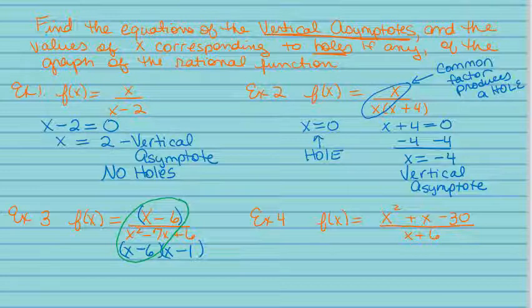This is going to produce a hole. It's going to produce a hole when x equals 6. The other factor, which is the x minus 1, that's going to produce your vertical asymptote. x equals 1 is a vertical asymptote.